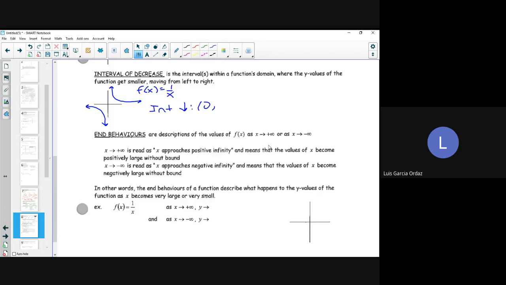It can be 0.00001, but it's not a definite 0. Even if you round, it's still not 0. The open bracket signifies that it doesn't touch that number at all. So the interval of decrease we have from 0 to what?